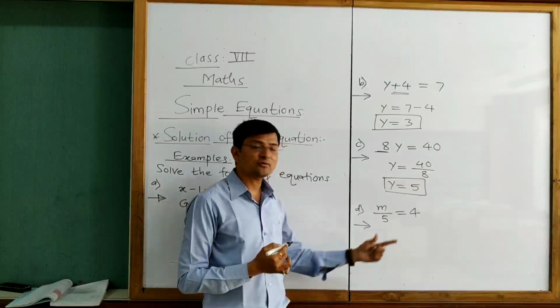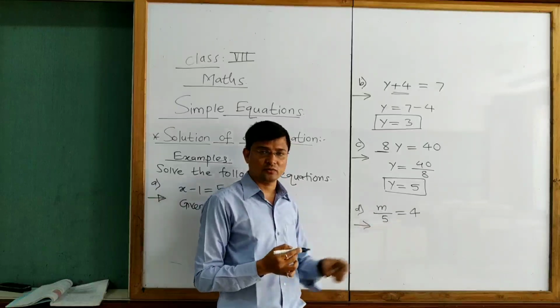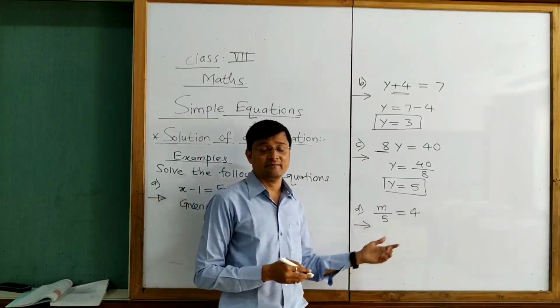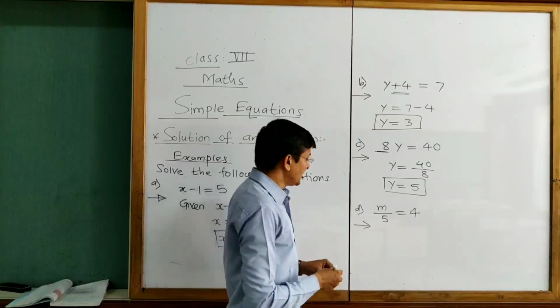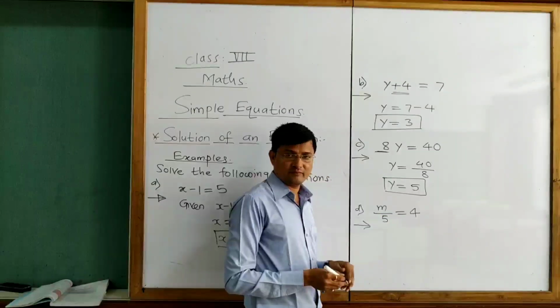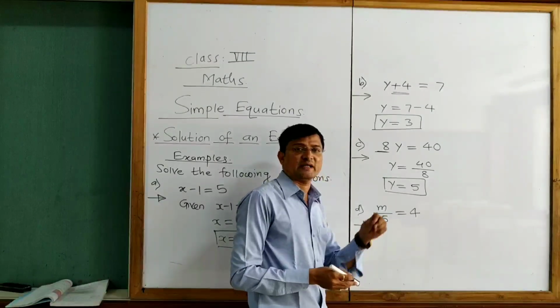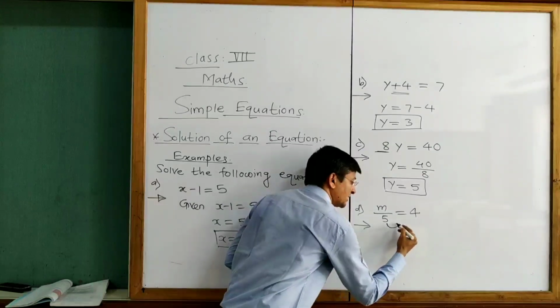And now the last one, m upon 5 is equal to 4. Here the variable is m, so we have to find the value of m. In this equation 5 is divided to the m, and if we want to find the value of m, we have to shift this 5 to the other side.